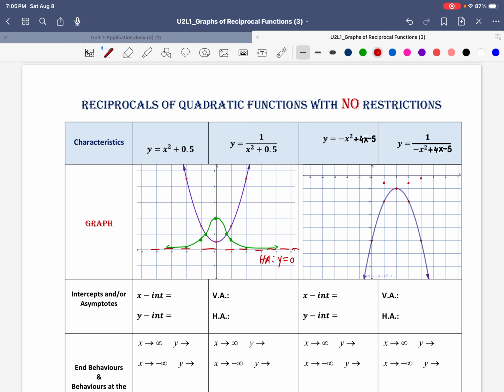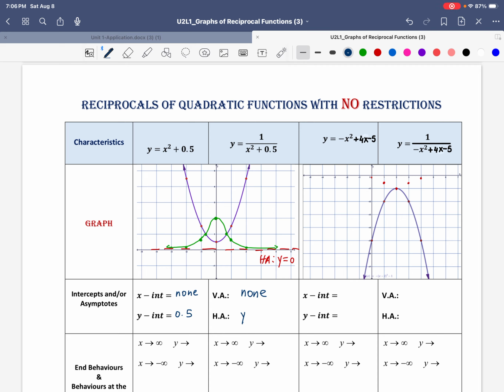And I want to invite you to think about why the horizontal asymptote is always at y equals 0. So keep an eye on the numerator. That can be a clue. Now, no x-intercepts for the quadratic, no vertical asymptotes for the reciprocal. The y-intercept for the quadratic happens to be at 0.5.